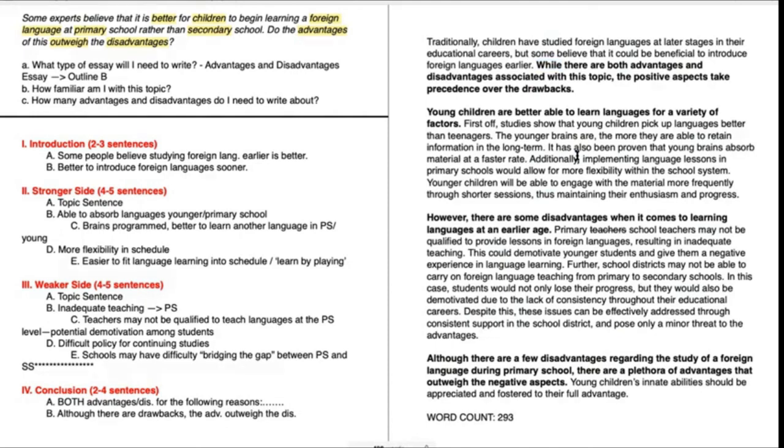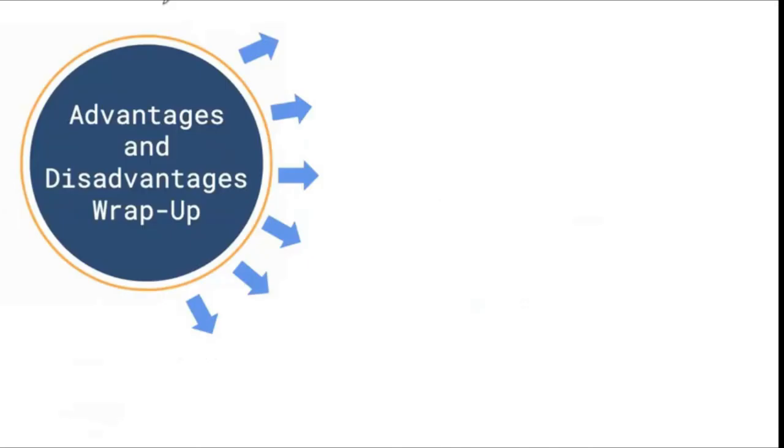Okay, let's go ahead and wrap up this lesson. First off, with any writing prompt, you always want to read and understand the question that you have. Now, this step is really important because you'll have to understand which question you have to work with. There are these 3 main types of advantages and disadvantages. You might have that basic one that just asks you to list off the advantages and disadvantages.